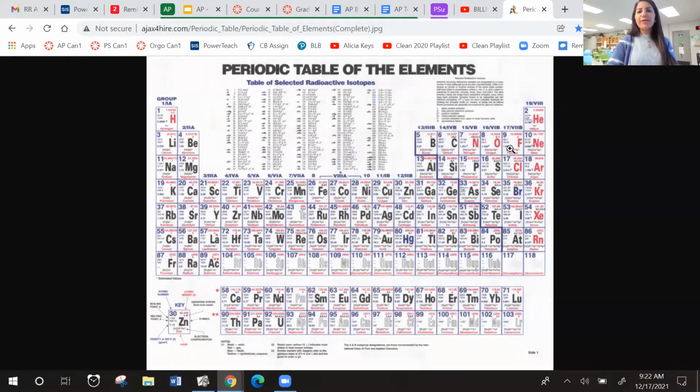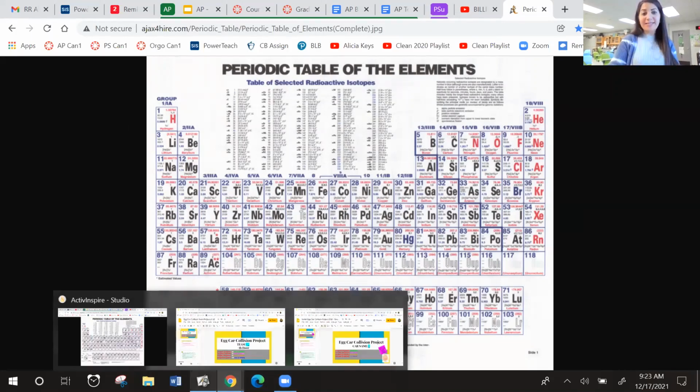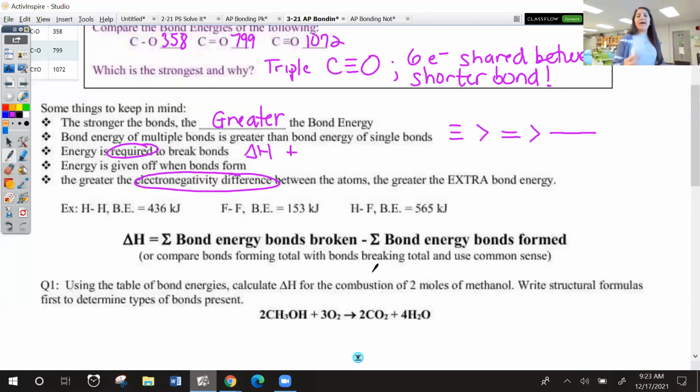And if they said, which one has a bigger bond enthalpy, if I had fluorine bonding with chlorine, or if I had fluorine bonding with hydrogen, for example. If their electronegativities have a greater difference, then your bond enthalpy should also be greater.